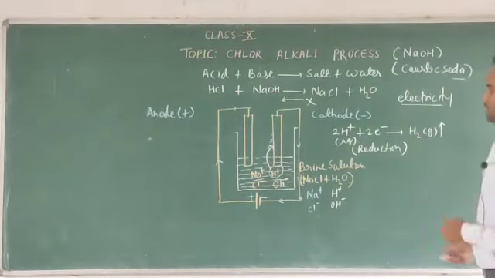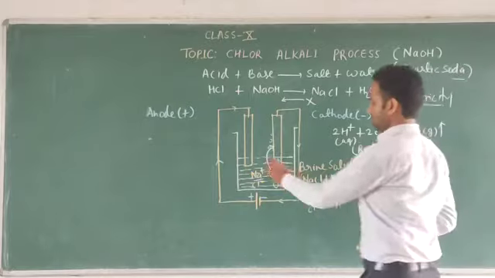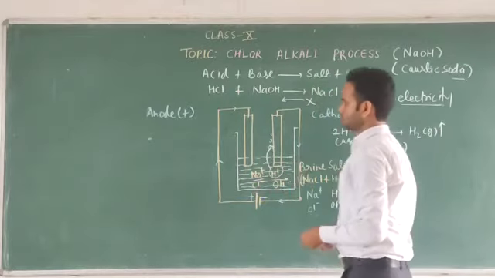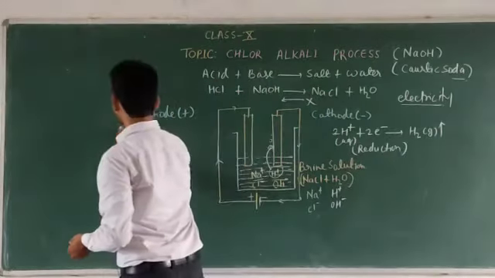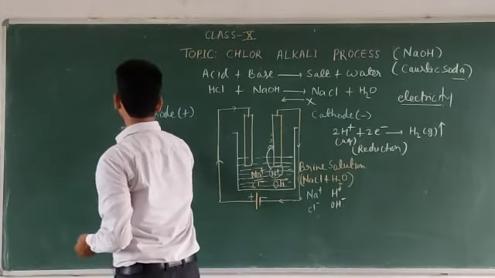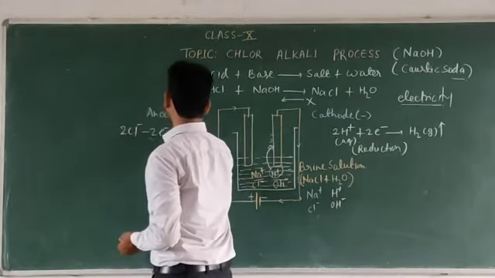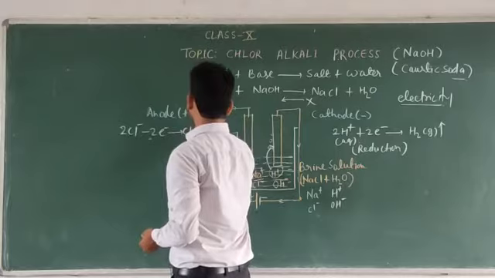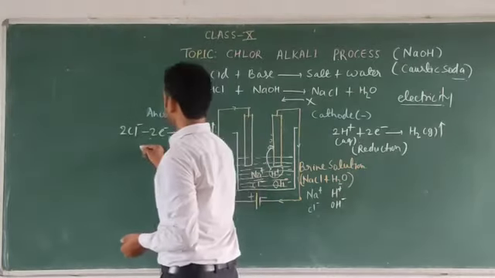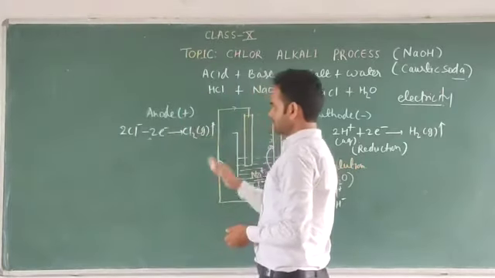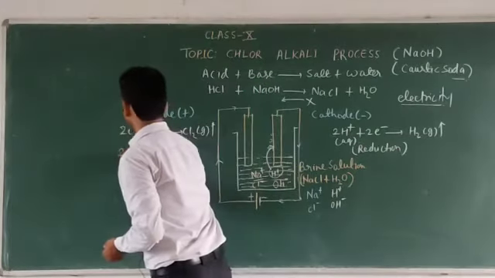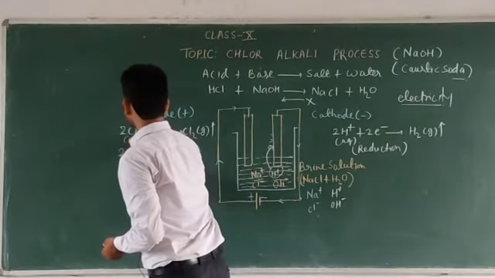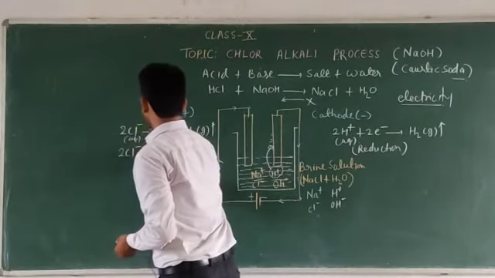And at the anode, what will happen? The chloride ion, which is a negatively charged ion, will lose electrons and give chlorine gas at the anode. This reaction can be written like this as well.